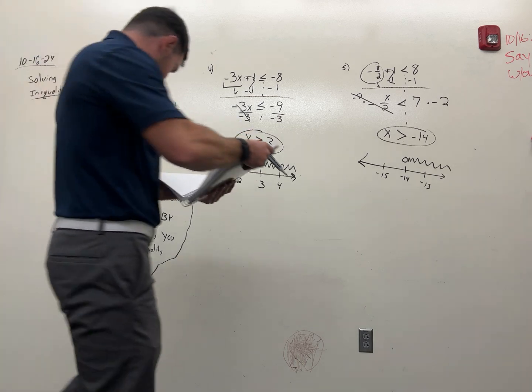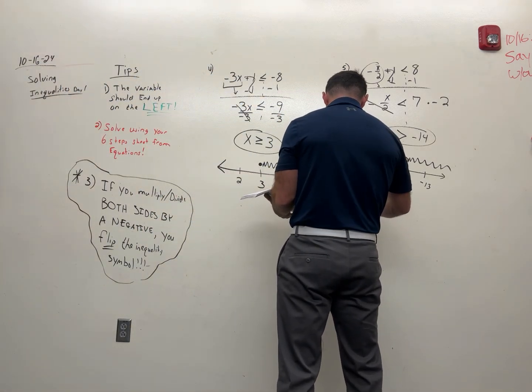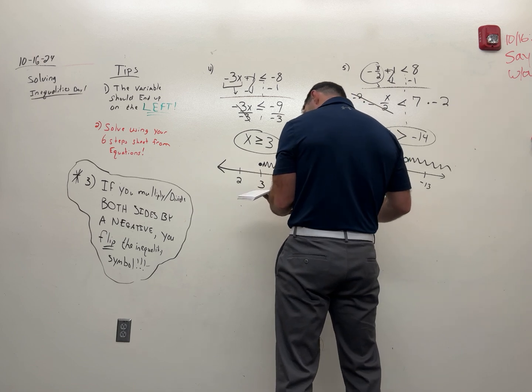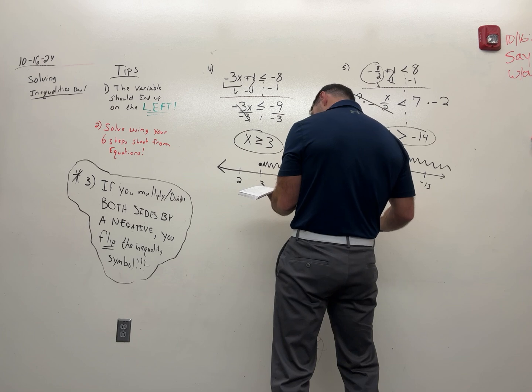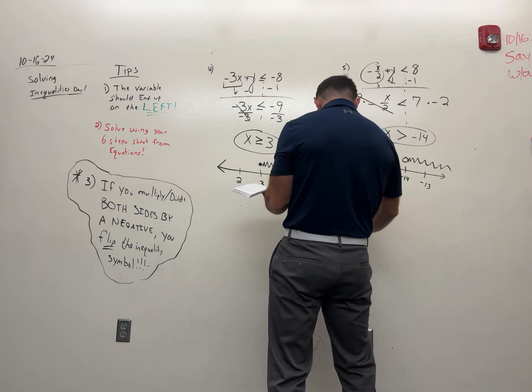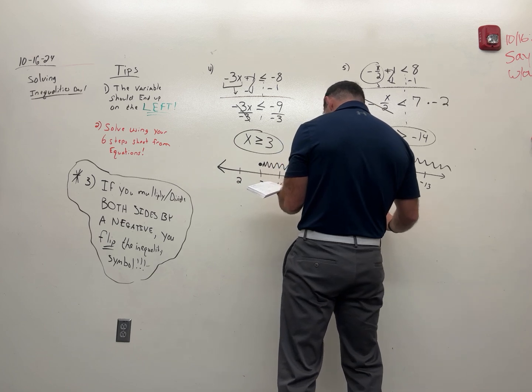So you are going to go to page 116 and 117 in your book. Numbers 14, 15, and 17 through 20.